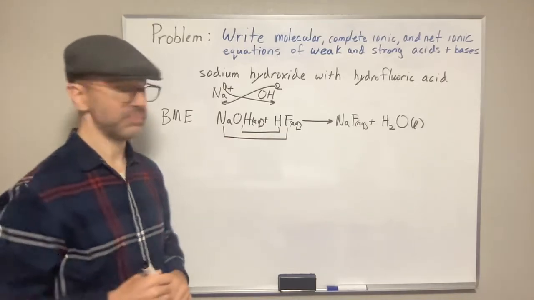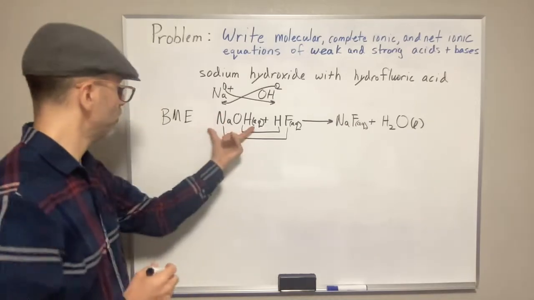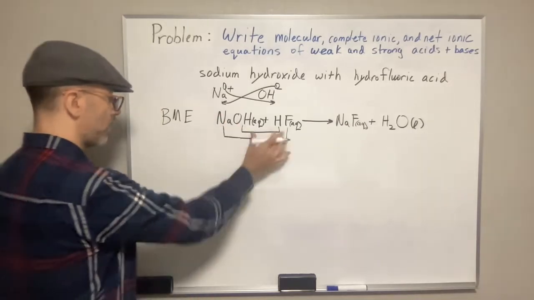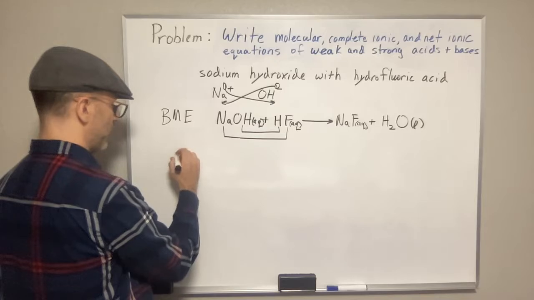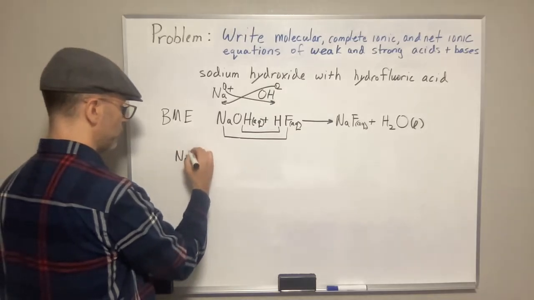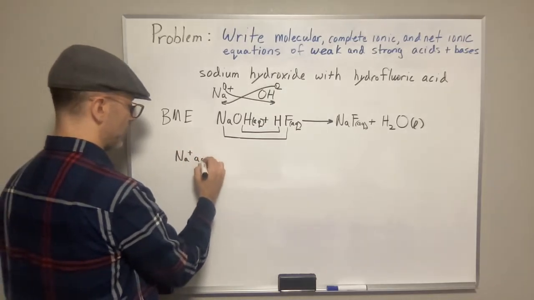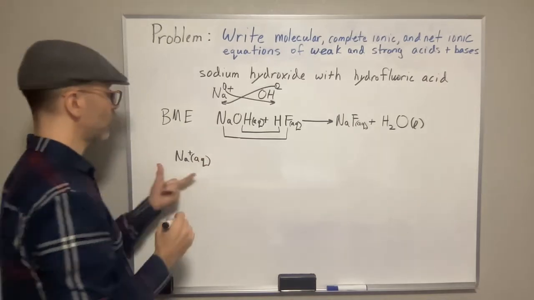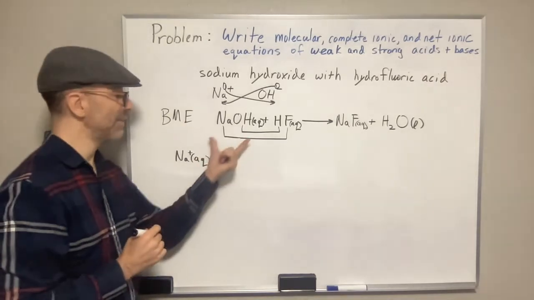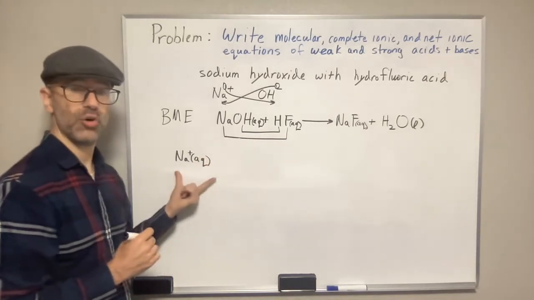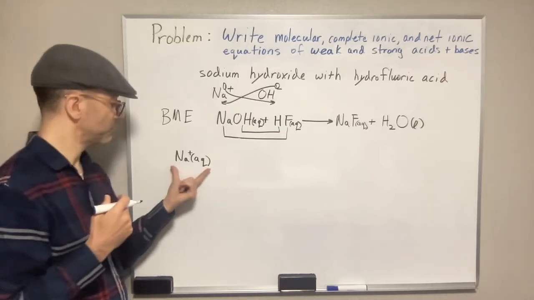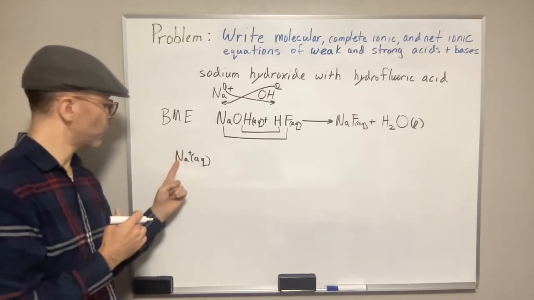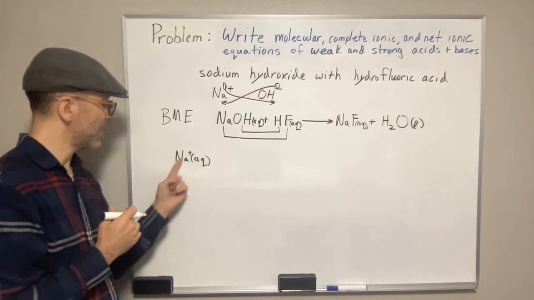So when we do that, this is going to dissociate. We're going to write our ions. We're going to have Na plus aqueous. When we're writing our complete ionic equation, anything that separates into ions is going to be separated, and you're going to write it as the ion with the charge.